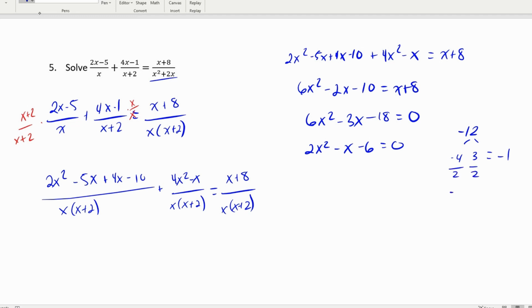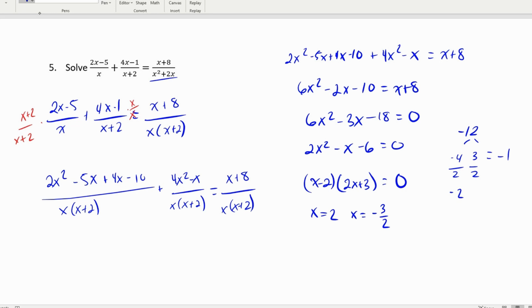So this first one simplifies to negative 2. Now that I have the factors, the first factor is x minus 2, followed by the second factor, 2x plus 3, equals 0. I can set both of these factors equal to 0, so I get x equals 2 and x equals negative 3 halves.